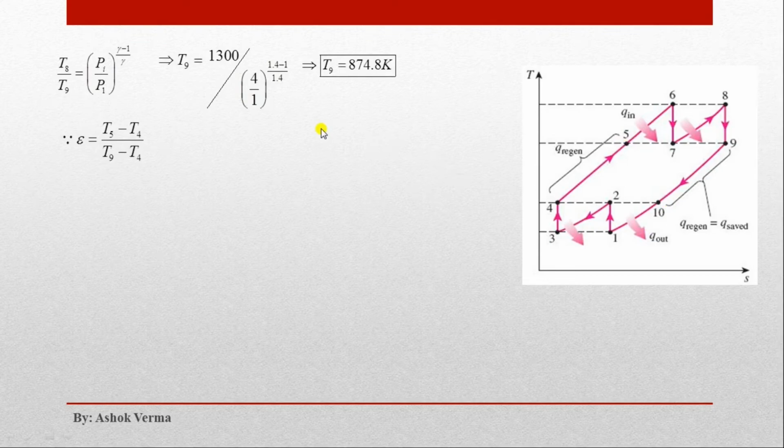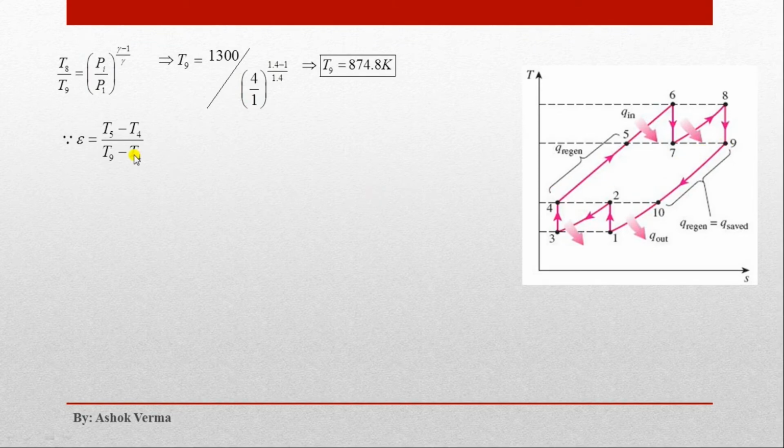Since effectiveness is the function of the actual temperature rise upon the maximum possible rise in temperature, the actual temperature rise will be T5 minus T4, and the maximum possible is T9 minus T4. The maximum you can increase the temperature of the compressed air is from T4 to T9. So the maximum possible temperature change will be equal to T9 minus T4.